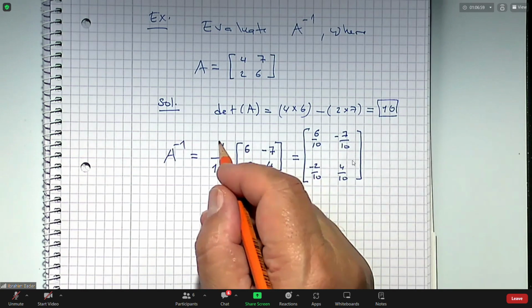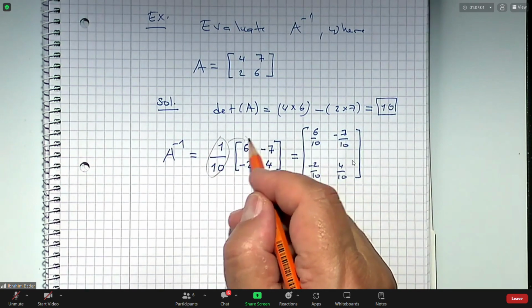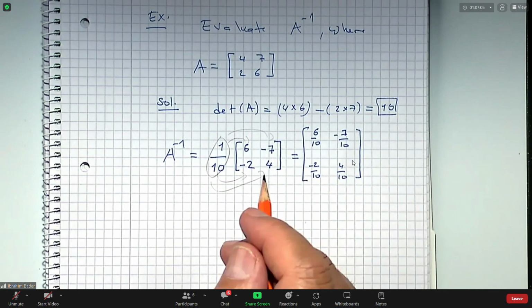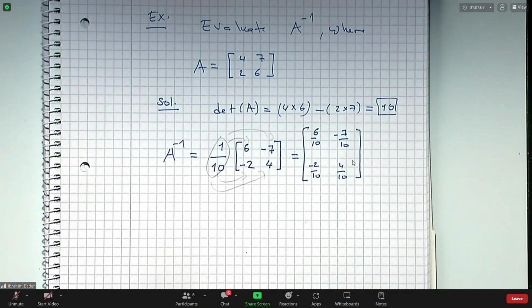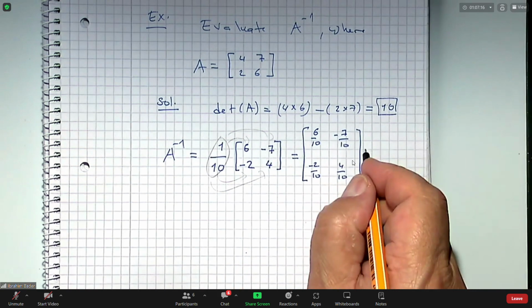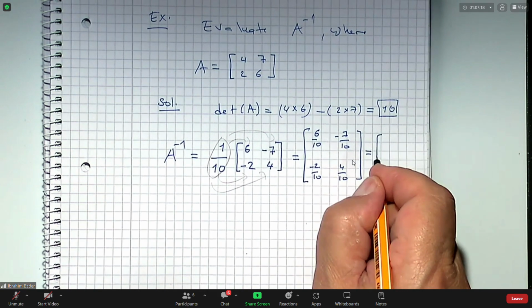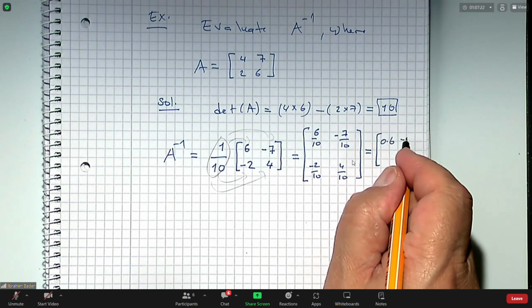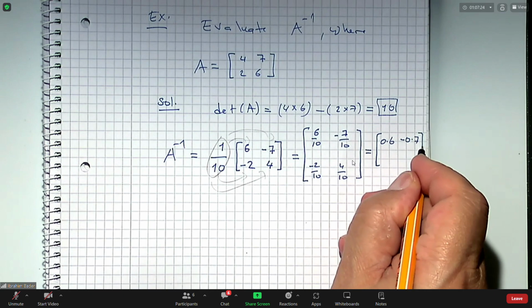So this constant here, you just expand it to all different values. We learned last time how to multiply a matrix by a constant. Of course, here you can just write it as decimal if you like. Sometimes students like decimals, sometimes they prefer the fraction.